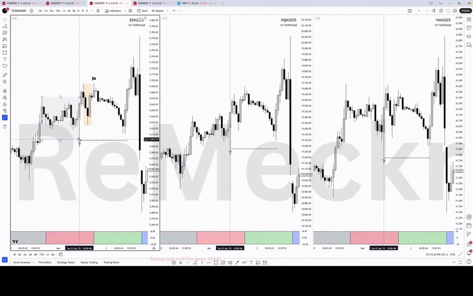Price breaks lower, but it doesn't trade at the low of the original consolidation. So you're probably thinking, well, this is incomplete.